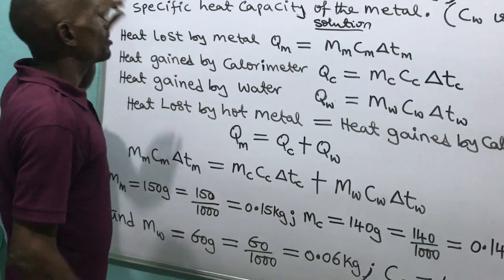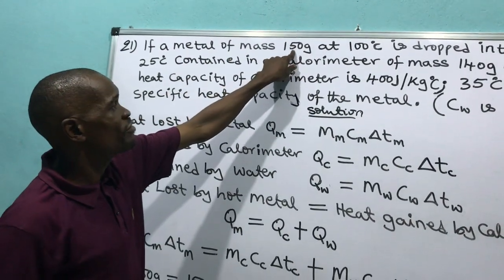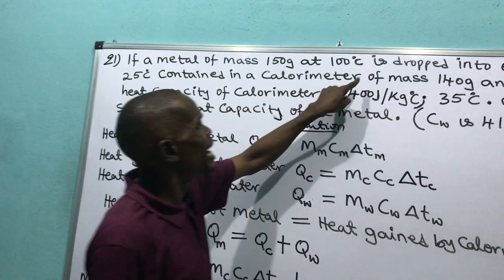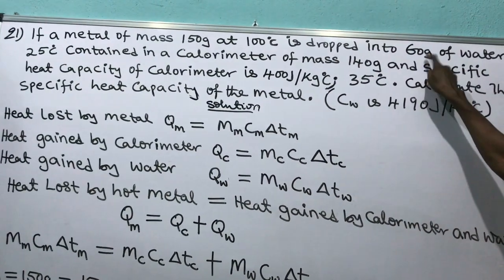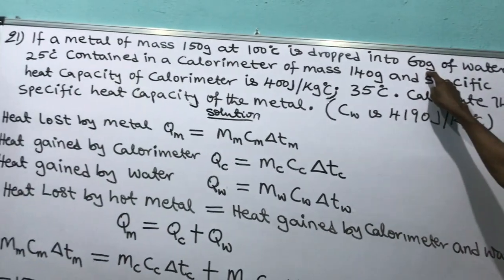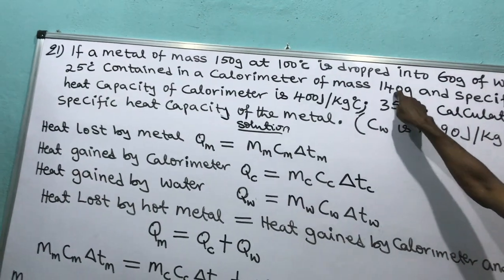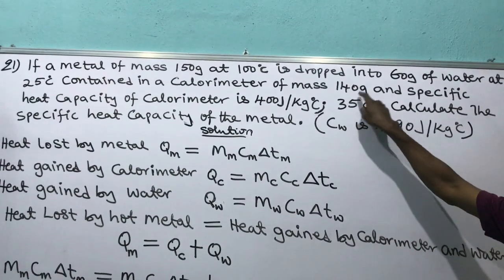Now look at the mass of the calorimeter. What did they say the mass of the calorimeter is? The mass of the metal was 150 gram. Then the mass of water is 60 gram. And the mass of the calorimeter, they give me 140 gram.